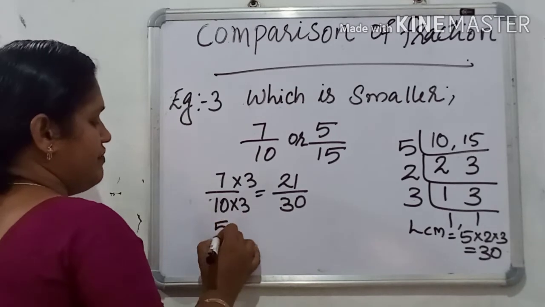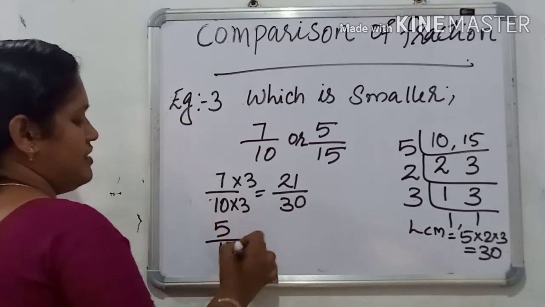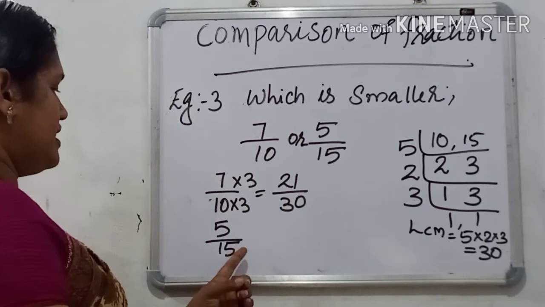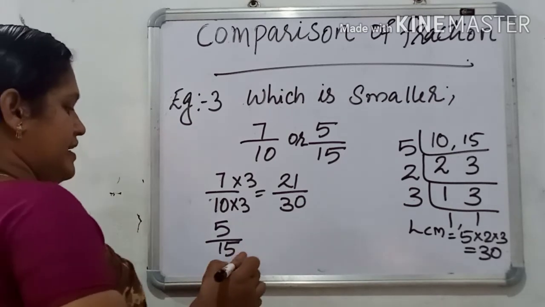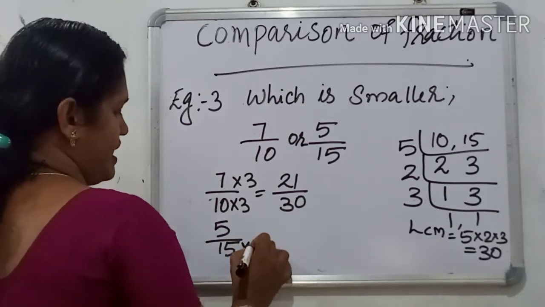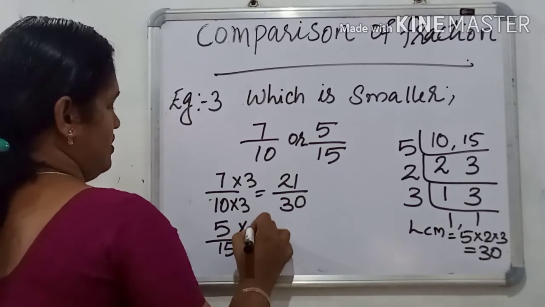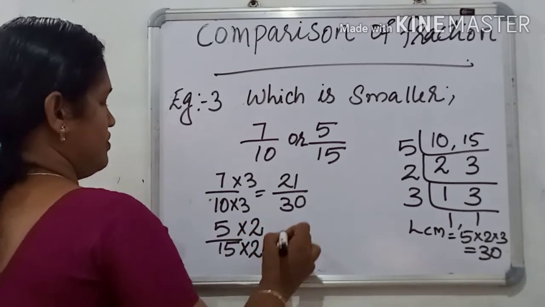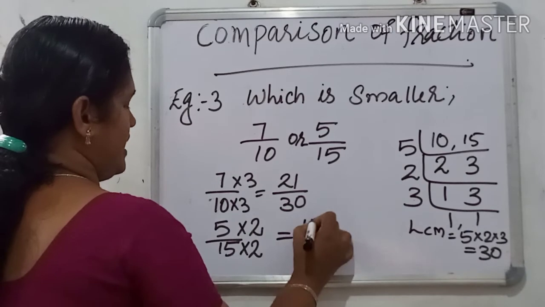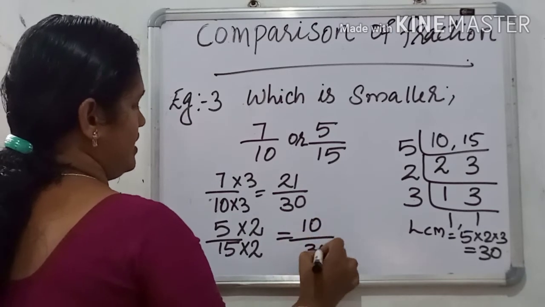Then 5 by 15. To get 30, we should multiply by 2, the numerator also by 2, which equals 10 by 30.